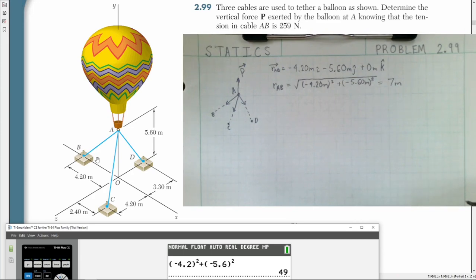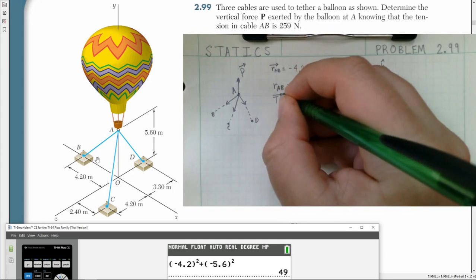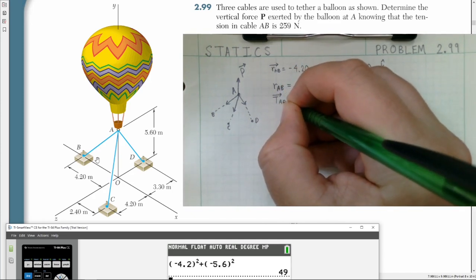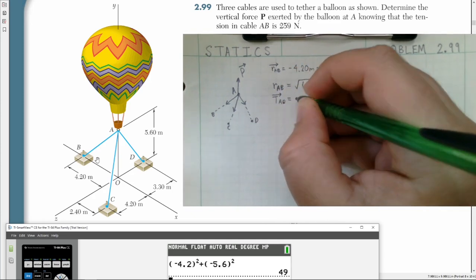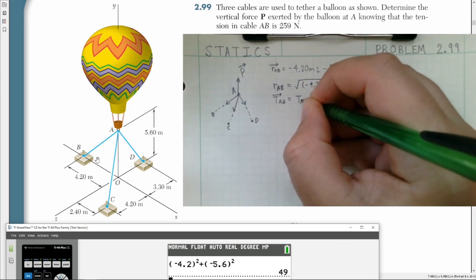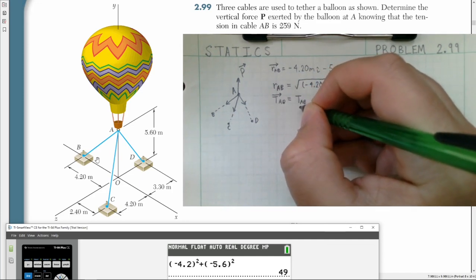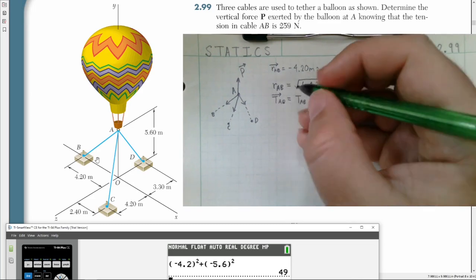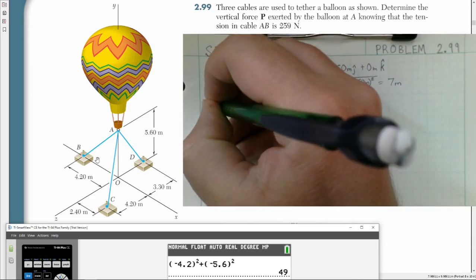Knowing that, we can also write down our equation for our tension vector from point A to point B as being equal to the scalar tension magnitude, the value they gave us, which was 259 newtons for tension AB. I'll put that in my free body diagram to remind ourselves.